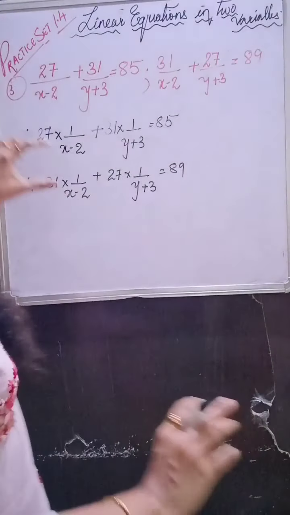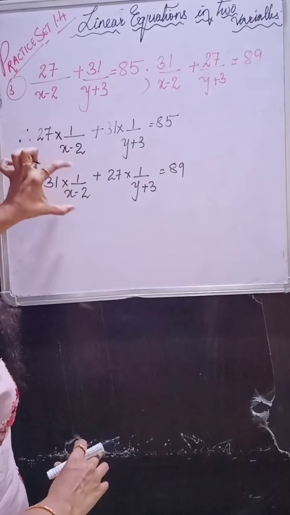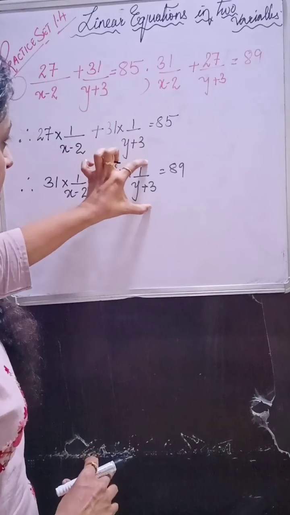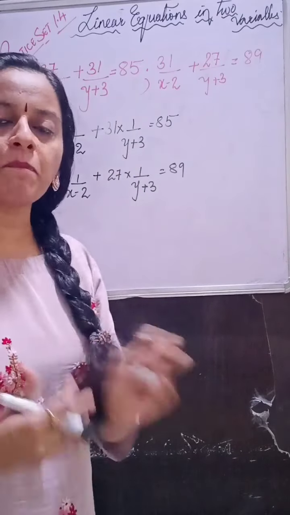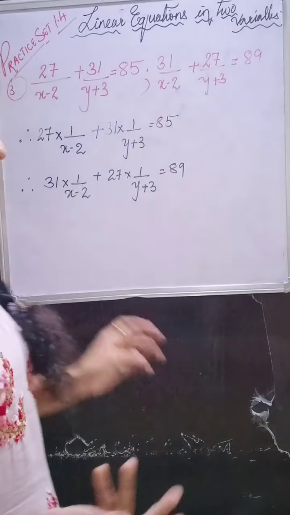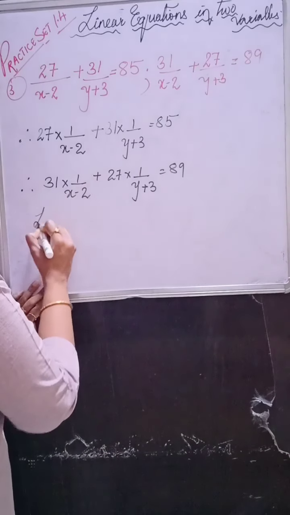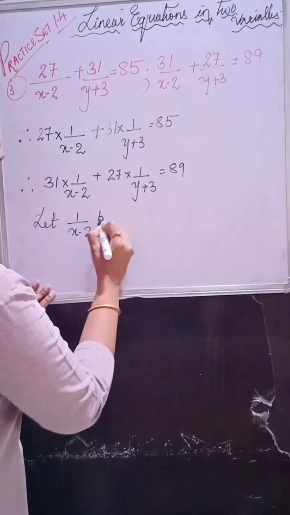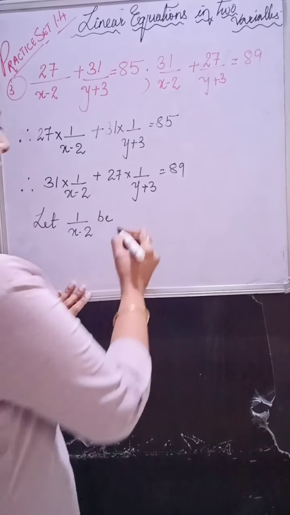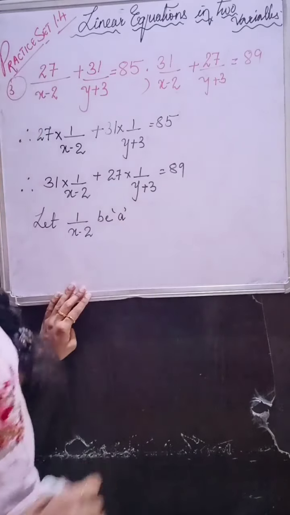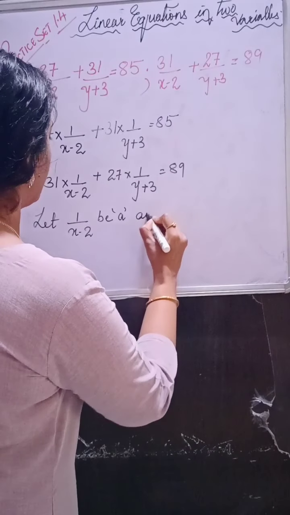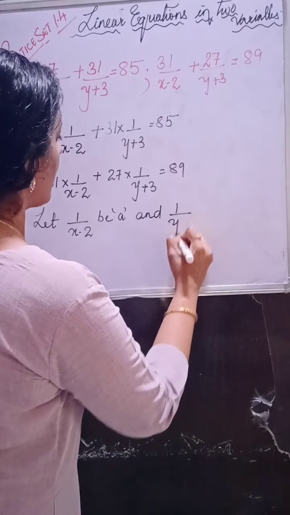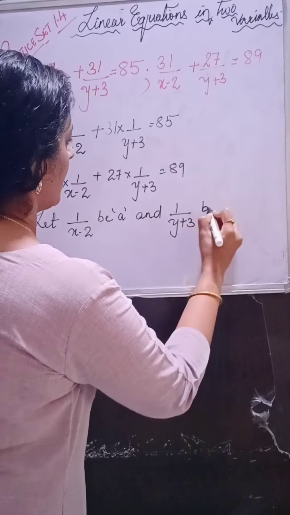Now what are we going to do? You can see here 1 upon x minus 2, 1 upon y plus 3, both sides we will replace by another variable. So we will write, let 1 upon x minus 2 be a, this time I am taking a, and 1 upon y plus 3 be b.